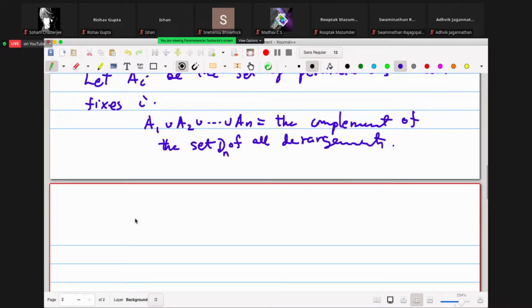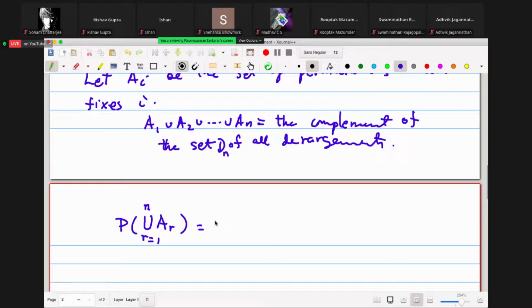So you can write now. Let me write this. One can either work with cardinality or this one, but let me just say what I have to say. So let's just write this inclusion exclusion principle, what it says for this union.